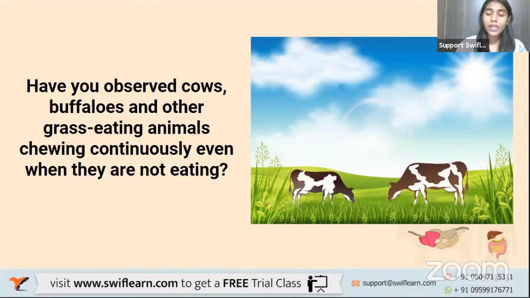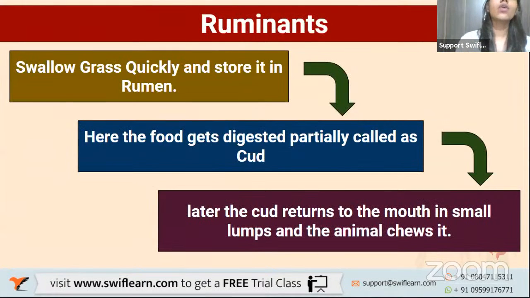Okay. Now, talking about cows, cows come under the category of ruminants. So what do ruminants do? They swallow the grass quickly. They eat grass and plants. So first they will swallow that. They will store it in the rumen. Rumen is a part of their stomach. They will store it in the rumen, and then the food will get partially digested.